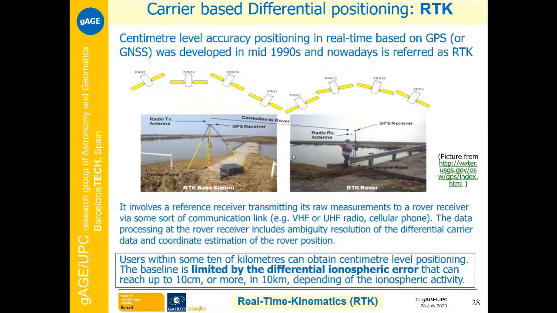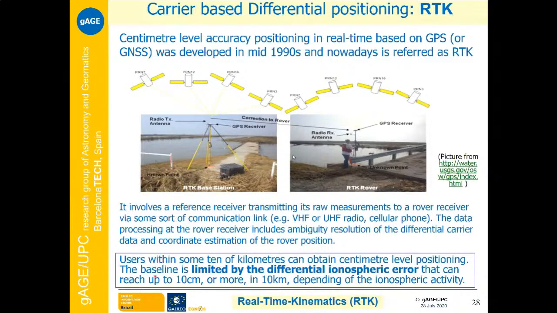In order to compute the user solution, because we are using carrier phase, the user receiver has to repair the carrier, has to estimate the ambiguities together with the receiver coordinates.